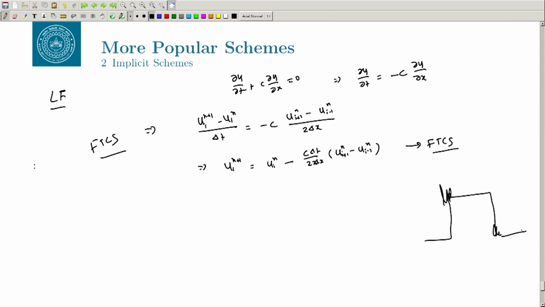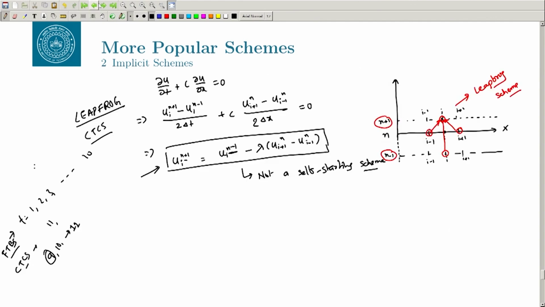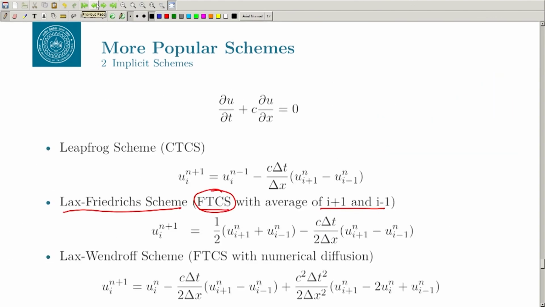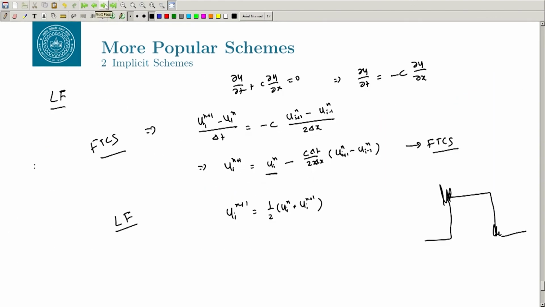So, what Lax and Friedrichs proposed, they were famous scientists, they said that instead of using u i n, we use the average. So now it is called the Lax-Friedrichs scheme. So, you use the average of central, not the time.